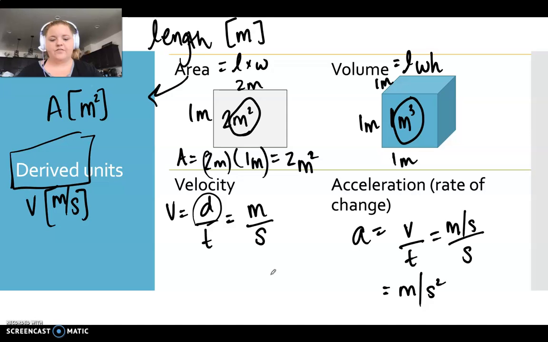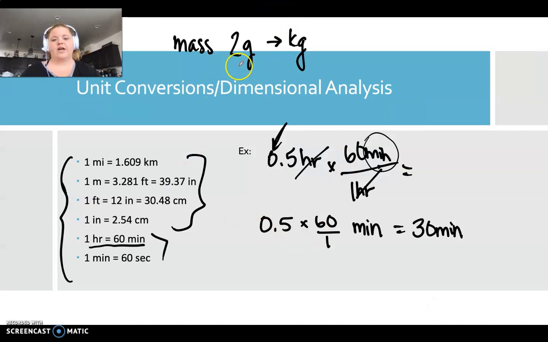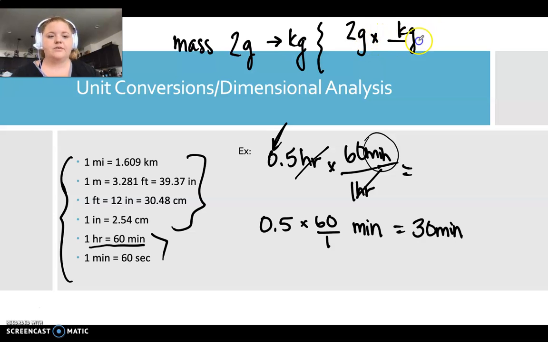If I go back and I want this in kilograms, I'm starting with 2 grams and I want to end with kilograms. In 1 kilogram, there are 10 to the third grams, and remember that 10 to the third equals 1,000.